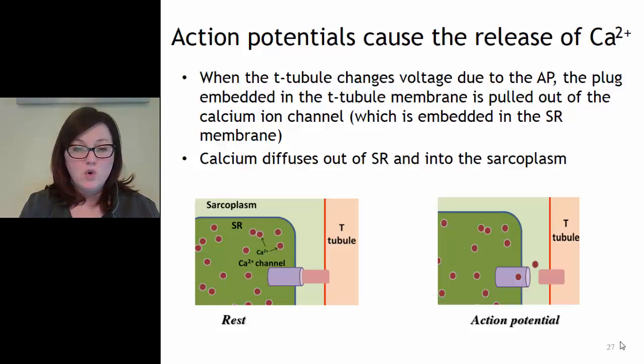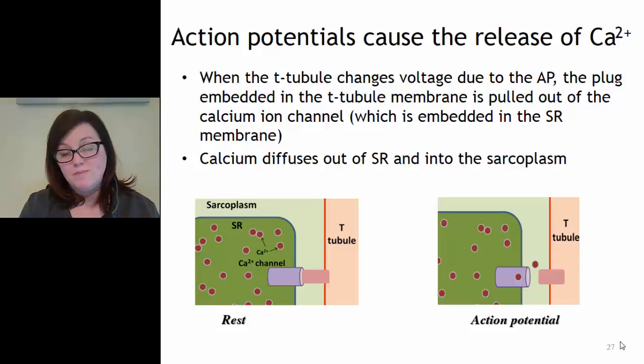And the dark orange line is the sarcolemma, okay? The dark blue line that's surrounding the sarcoplasmic reticulum is the cell membrane of the sarcoplasmic reticulum. The purple cylinder is our calcium ion channel, and the pink rectangle plugging it is that voltage-sensitive plug that I mentioned, right?